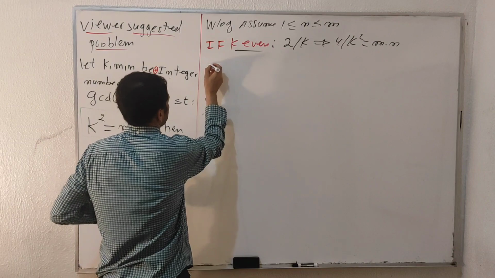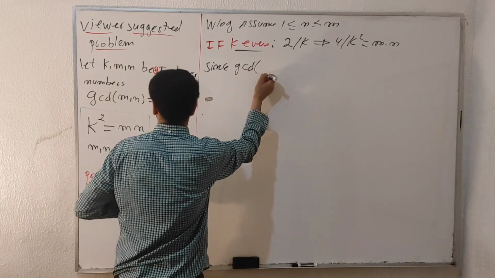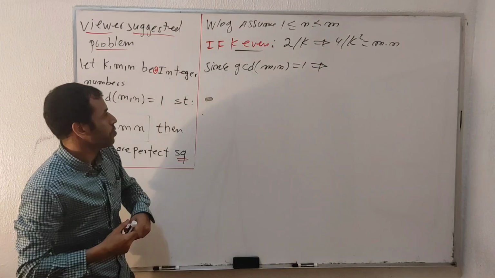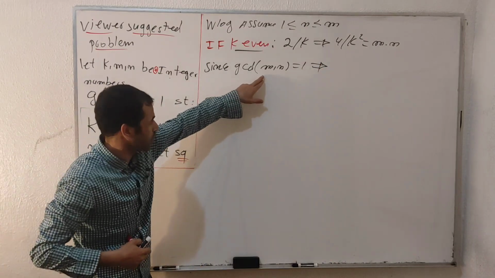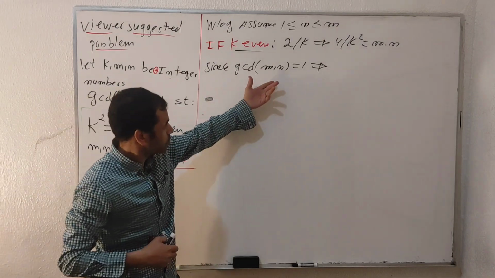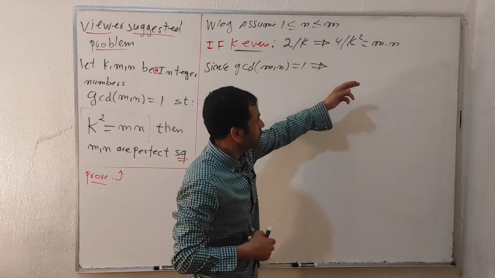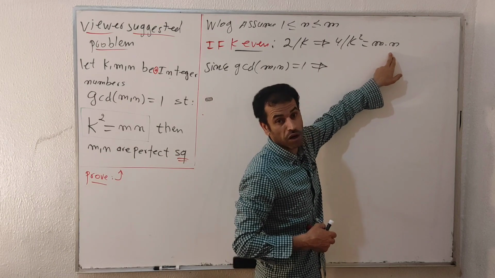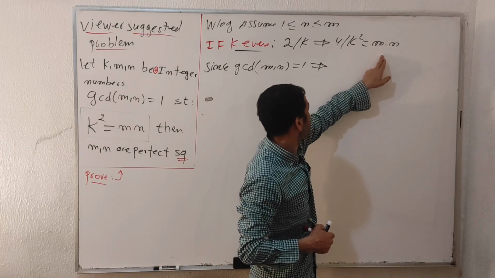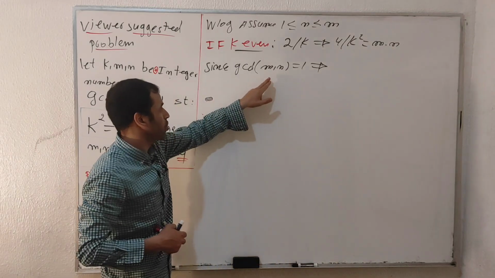Since gcd of these integers m and n equals 1, that's the most important information that we can extract from this setup, it's impossible to have both numbers even, because if they were even, we wouldn't have gcd equal to 1.